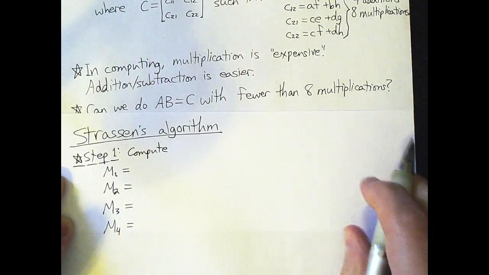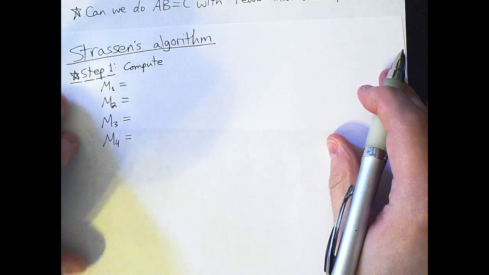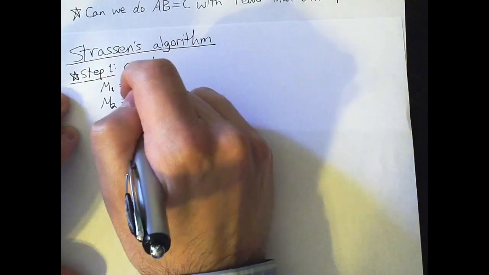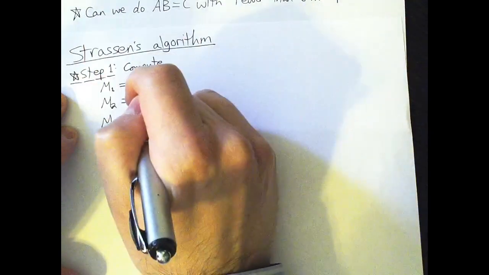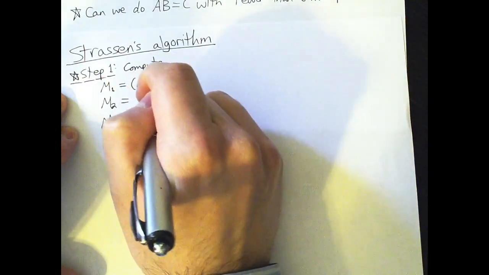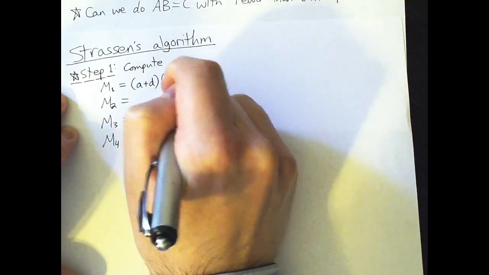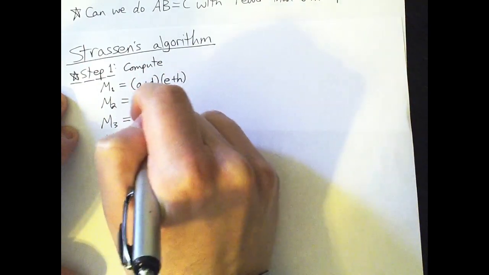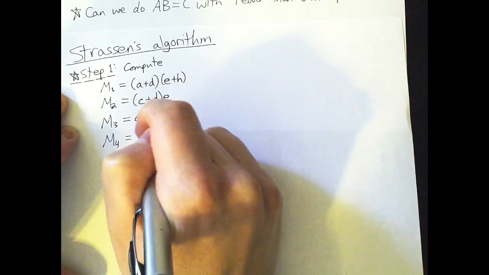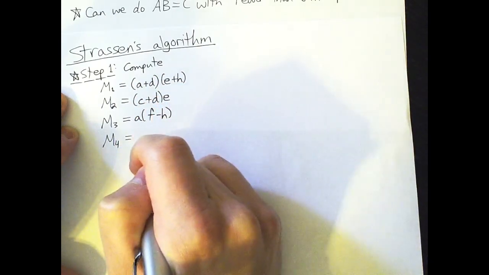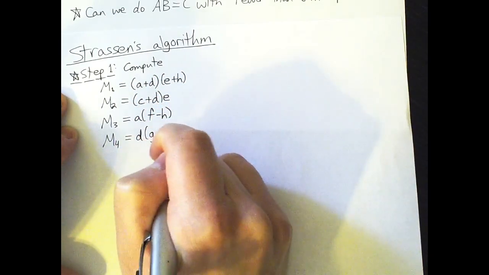I'll start writing what they are. You don't need to memorize these or anything like that, but they're going to be based on the entries of the matrices A and B. So this is going to be (A plus D) times (E plus H), (C plus D) times E, A times (F minus H), D times (G minus E).